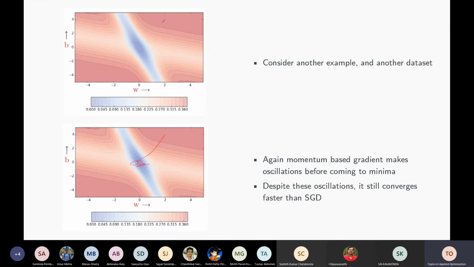So it may overshoot and then it may look like this. If you focus on this figure here, it overshot. The minima is somewhere here. So it overshot and then was brought back. Again it overshoots, is brought back, overshoots, is brought back, and so on. So the momentum-based gradient method may still be oscillatory.